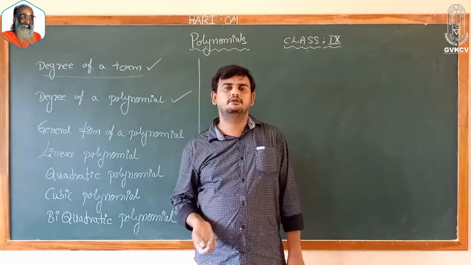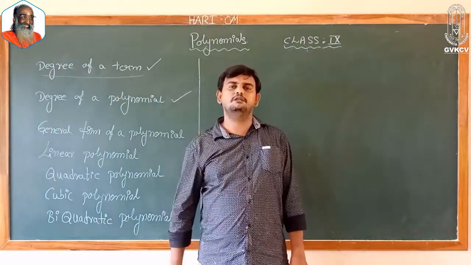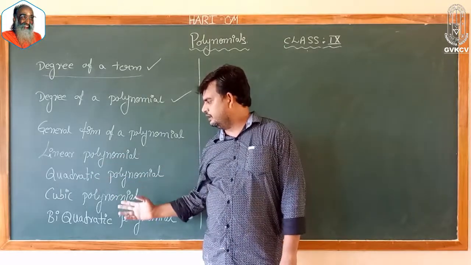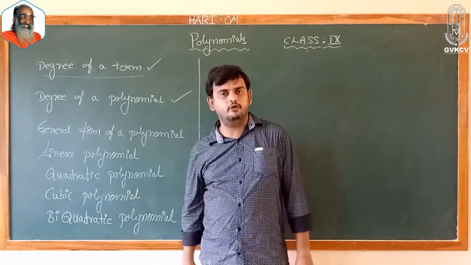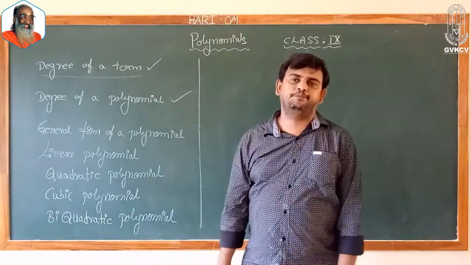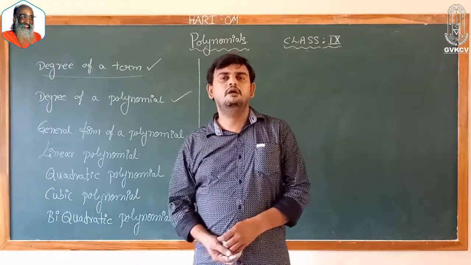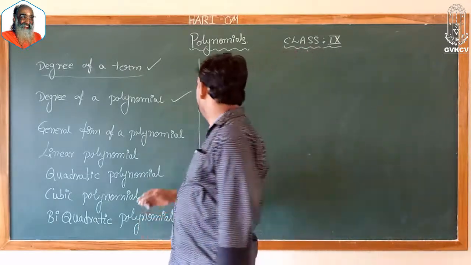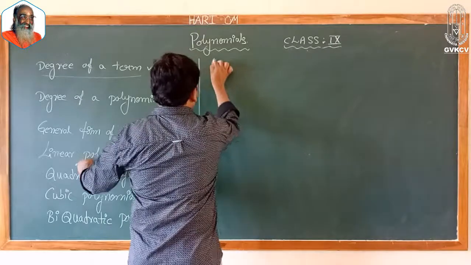Having three terms, trinomial. Having more than three terms, multinomial. Now, what is the meaning of linear polynomial, quadratic polynomial, cubic polynomial, biquadratic polynomial? All these are based on degrees. All these depend on the degree of a polynomial. Linear polynomial.